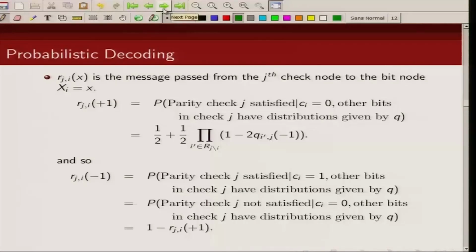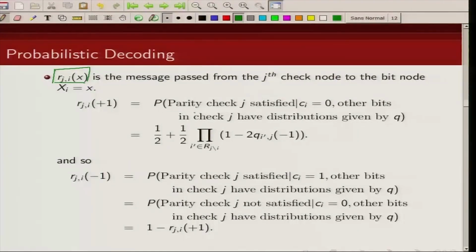So, we are denoting by RJI the message which is passed from the jth parity check node to the ith bit. What is RJI? RJI is the probability that the jth check node is satisfied given x is plus 1.